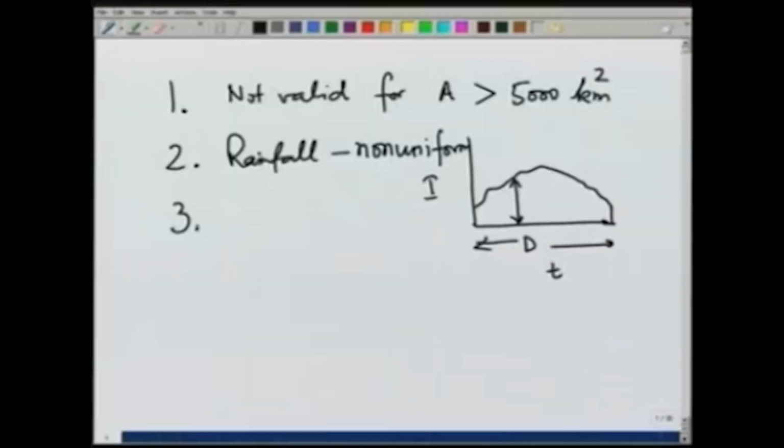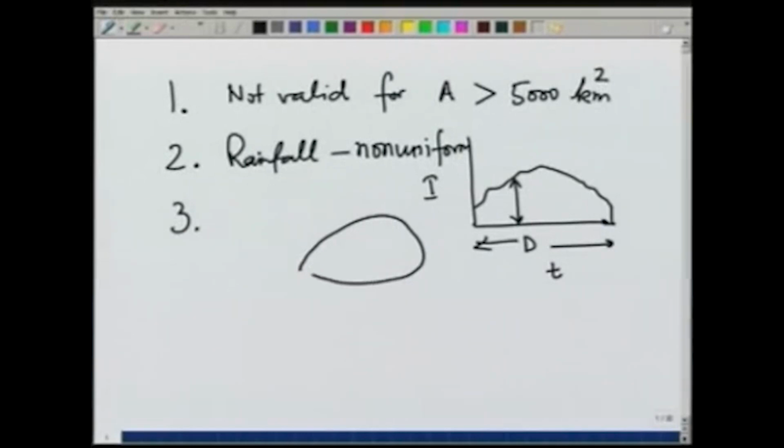The third limitation is that we must have data for deriving the unit hydrograph. So, if we have a catchment area and we want to derive the unit hydrograph at point A, we should have a gauging station at point A. If we do not have a gauging station at point A, we will not know what is the runoff at point A. Or sometimes even if we have a gauging station at point A, we may not have a required storm occurring in that area.